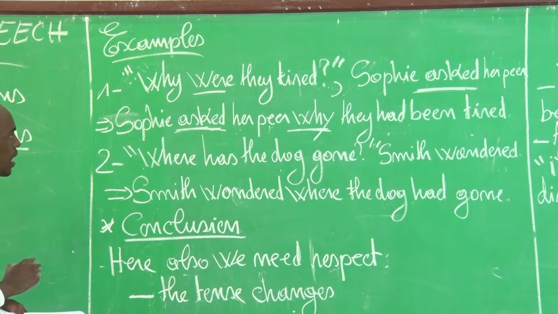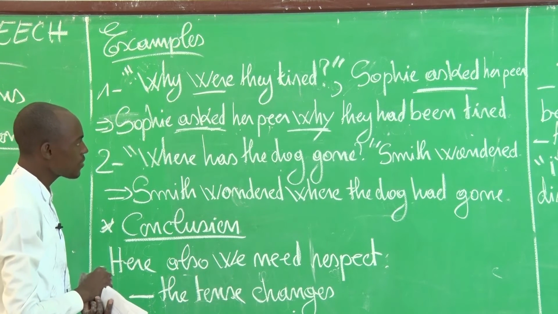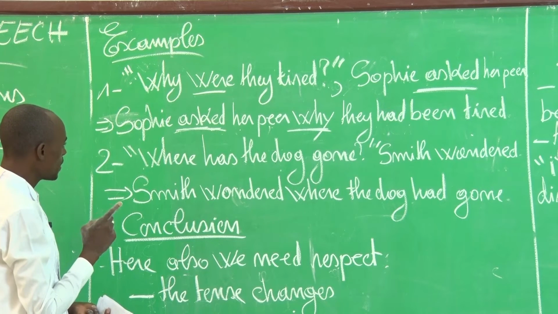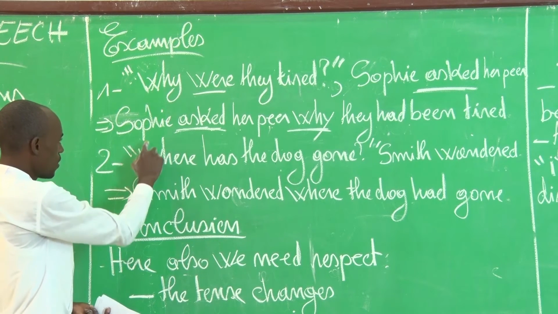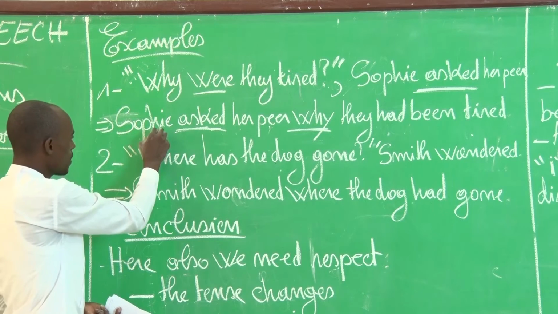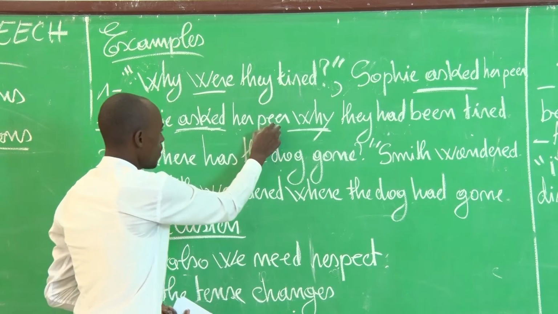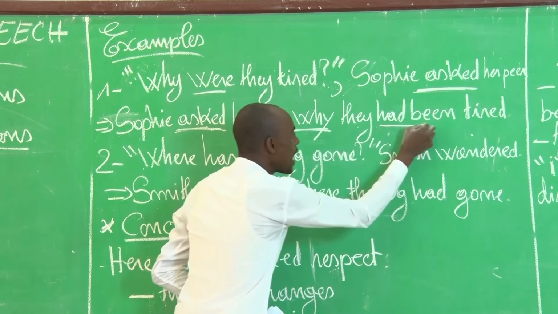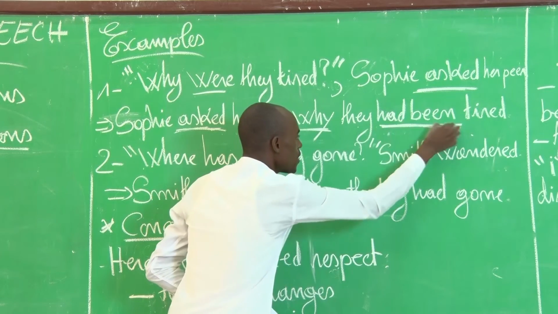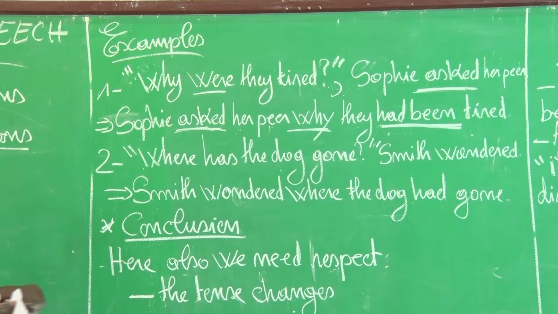The simple past becomes the past perfect. It is what we can notice here: Sophie asked her peer why they had been. It is in the past perfect. Good. This is the first thing that we must respect when we report a question.